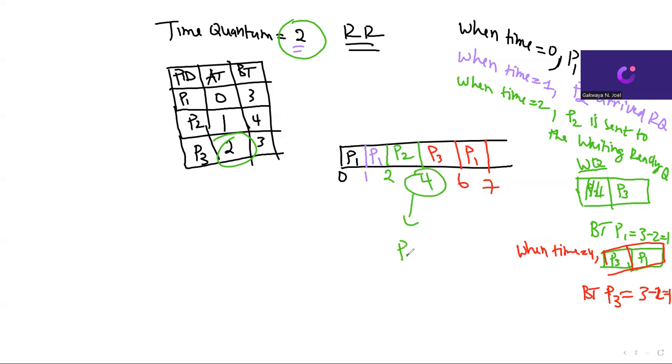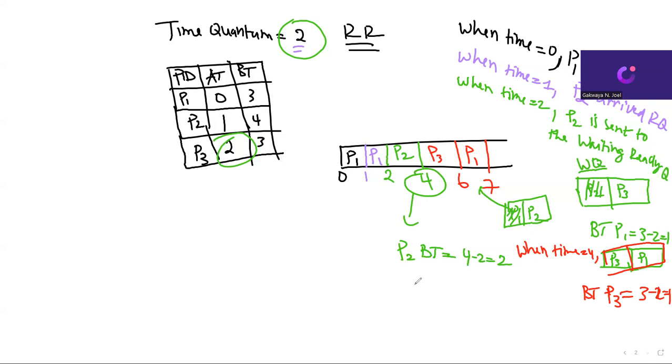We say P2 burst time, we updated to 4 minus 2, which was equal to 2. So it remains with 2, right? So P2 will continue here when the time becomes 7, because at this time we had P1 and P2 in the waiting queue. This one is going here from 6 to 7.